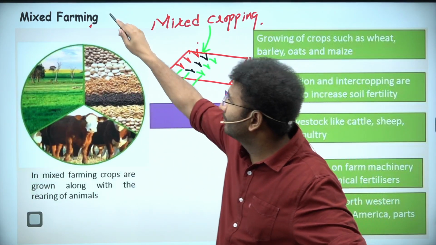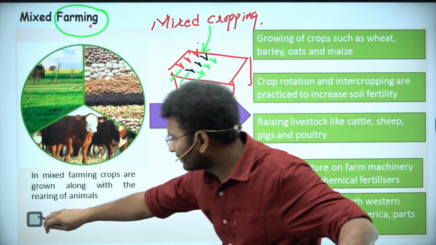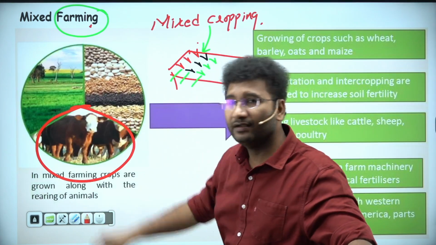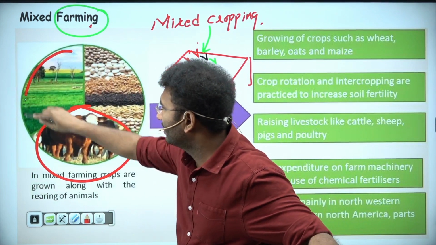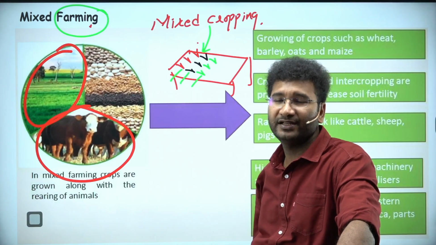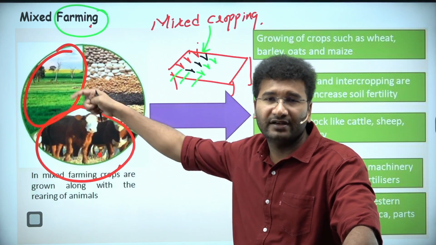But when it comes to mixed farming, you use cattle. Cattle is also there, right? You also have agricultural land. You also go for commercial cultivation. That means you are using cattle and their available products for the development of the land.